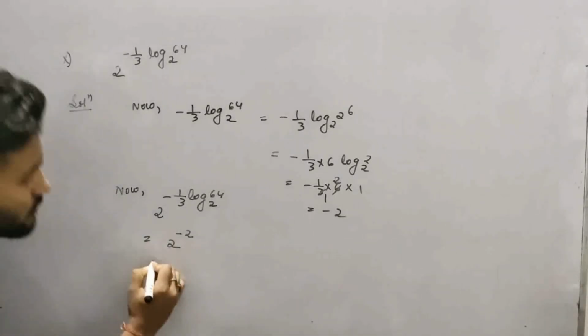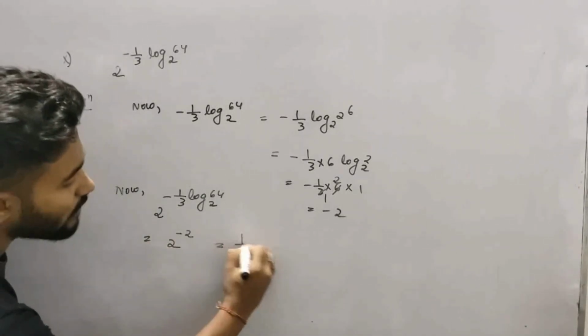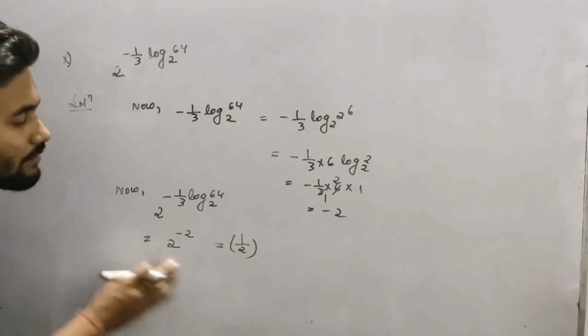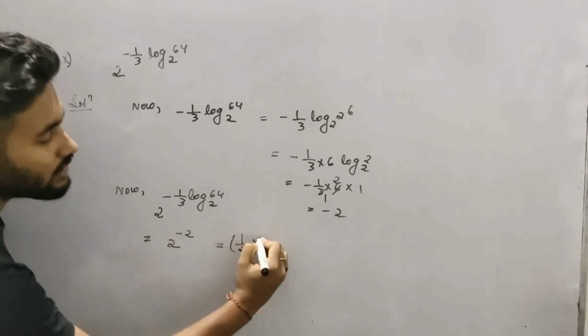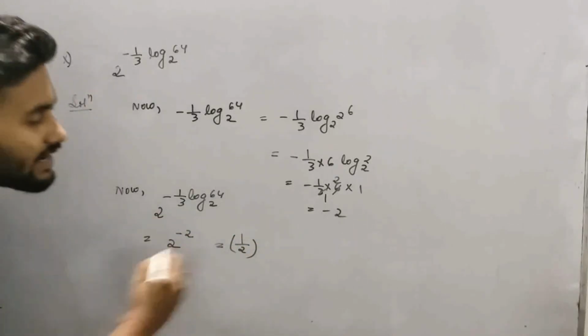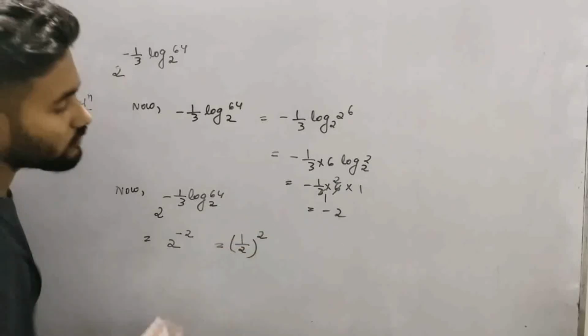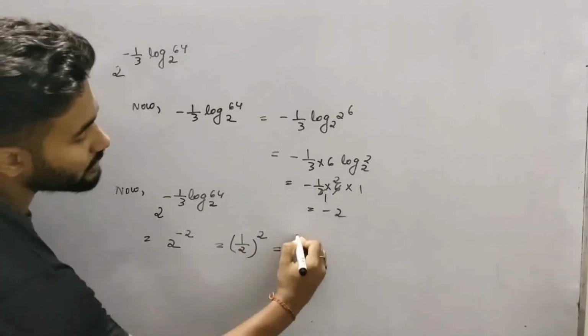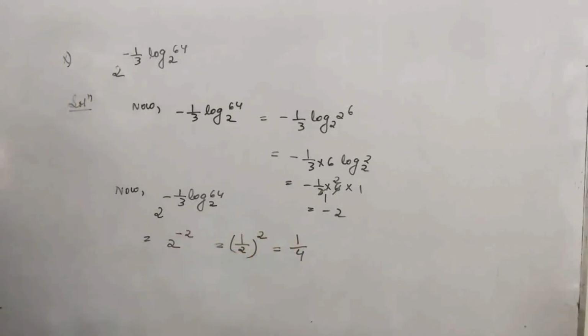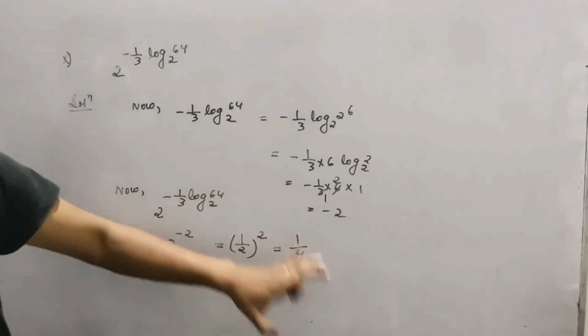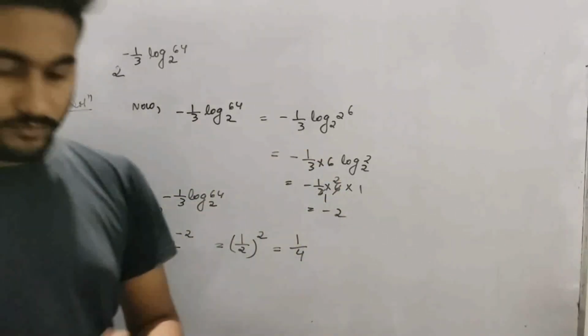The reciprocal of 2 is 1 by 2. As soon as you reciprocal the base, the power will change its sign. Minus 2 will become plus 2. So now what is 1 by 2 square? 1 by 2 square is 1 by 4. 1 square is 1, 2 square is 4. So our answer is 1 by 4.